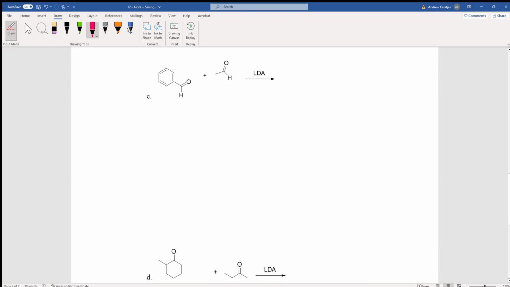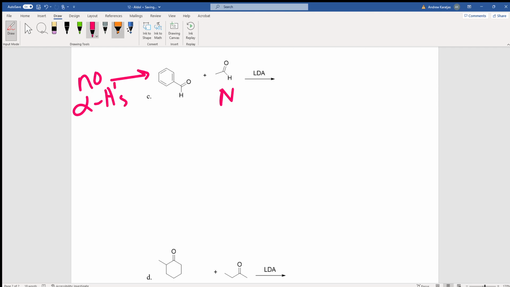All right, part C, in this case, we know that the compound on the right has to be our nucleophile. How do we know that? Well, the compound on the left, benzaldehyde, has no alpha hydrogens. There's no alpha hydrogens, so it can't form an enolate.